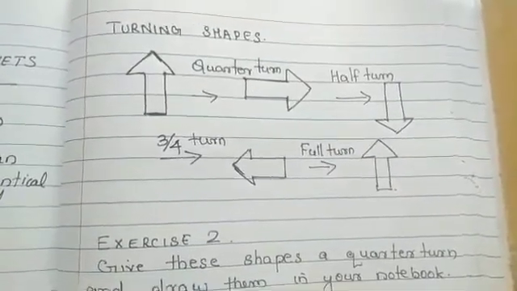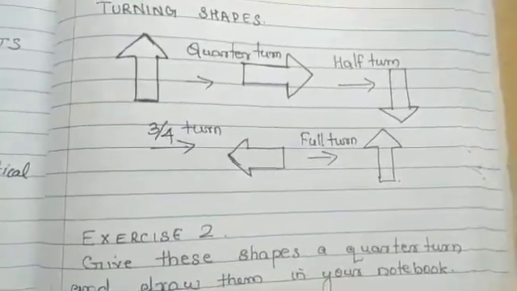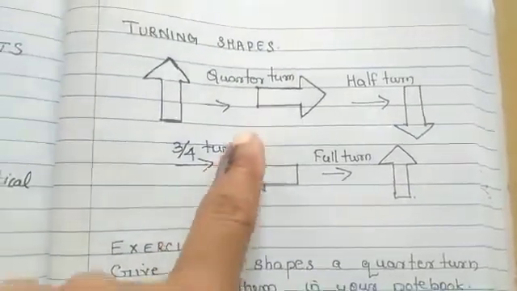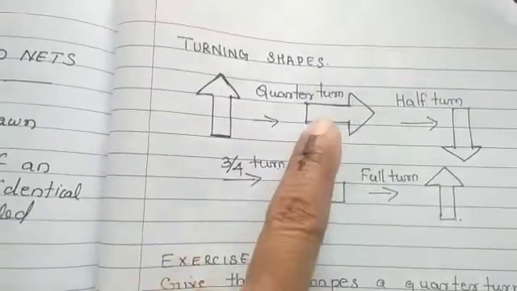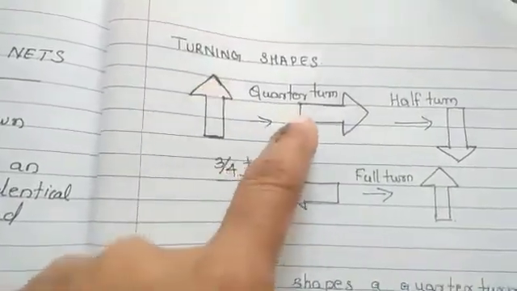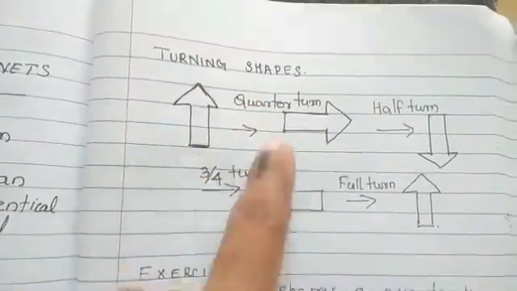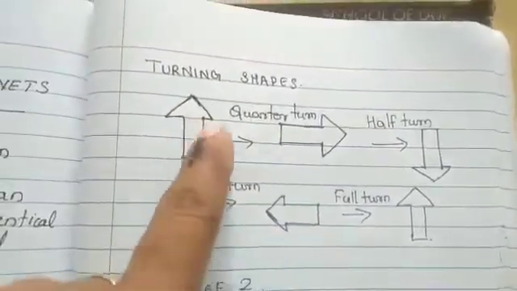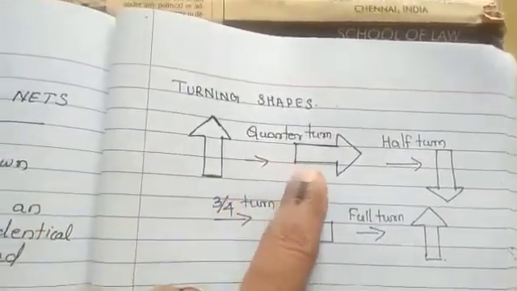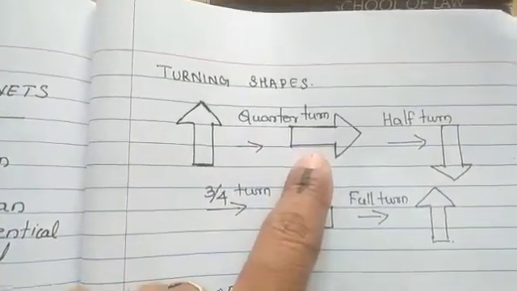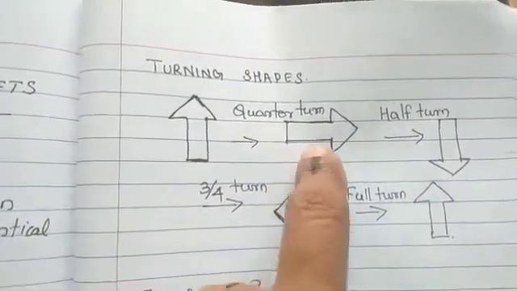If this first figure is turned a quarter, you will get a figure like this. Quarter turn means 1/4 of one complete rotation. So only 1/4, 90 degrees is turned here and you will get this figure.